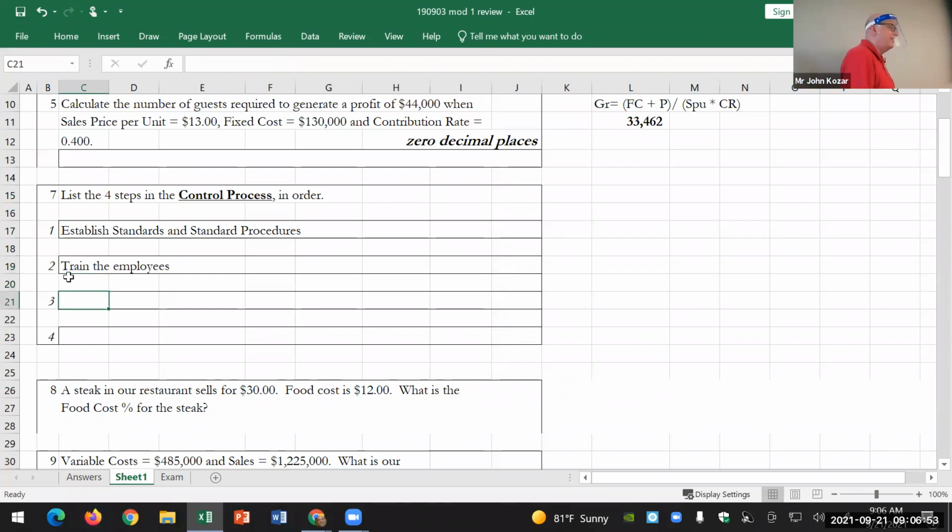Okay. So we've all gone through our training process. We all know what the standards and standard procedures are. Then what is the manager's job? Monitor performance. So we're doing this for every aspect in the restaurant.